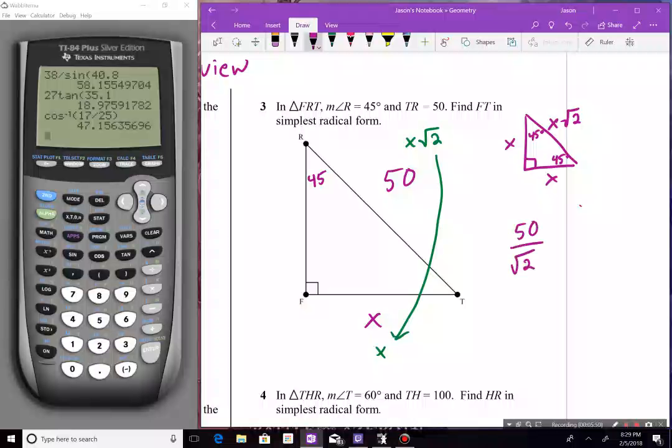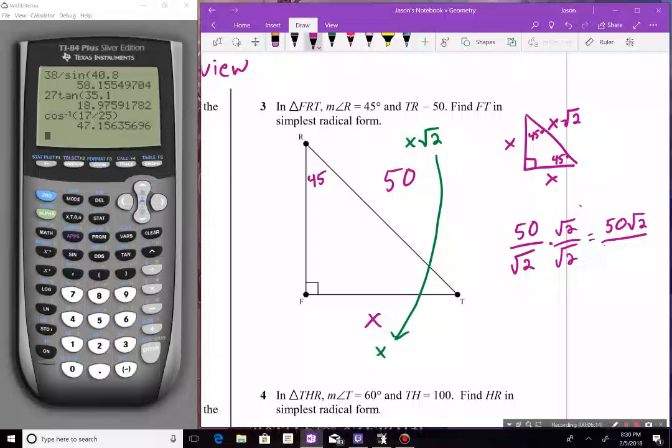Now here's where we go to the problem. We cannot have a square root in the denominator, which means we can't have it on the bottom. The way that we get rid of it is whatever is in the denominator, we multiply top and bottom by that value. On top, 50 and the square root of 2 don't mix, so we have 50 square root 2.